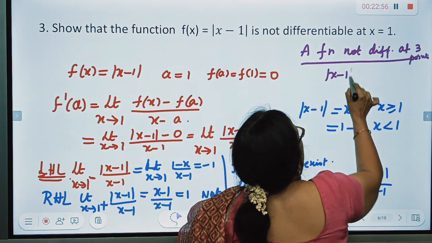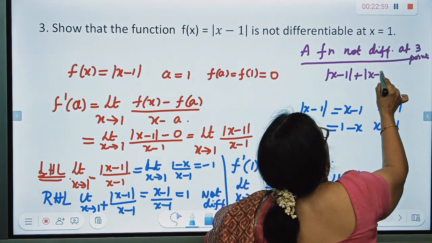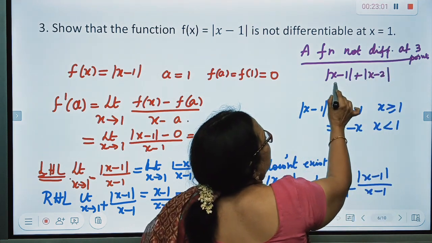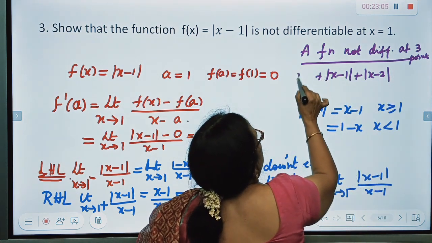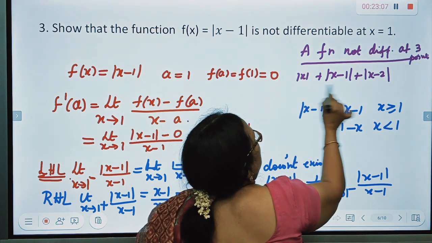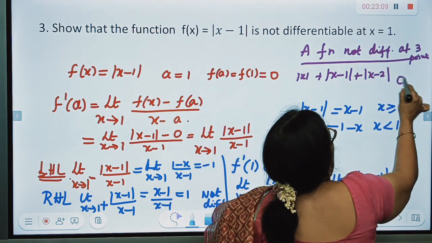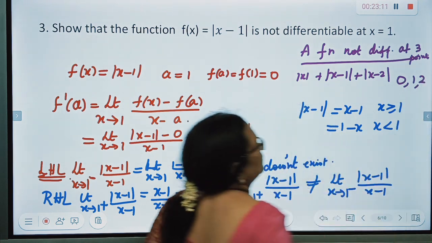Modulus of x minus 1 plus modulus of x minus 2, you saw what was not differentiable at 1 and 2. So let me add plus mod x. So it is not differentiable at 0, 1 and 2.